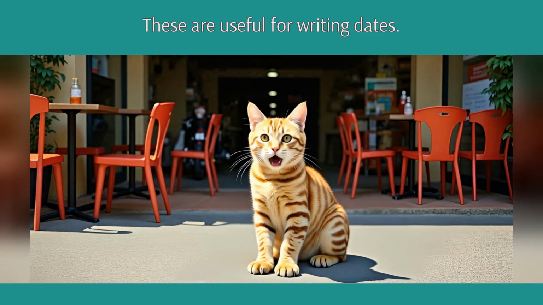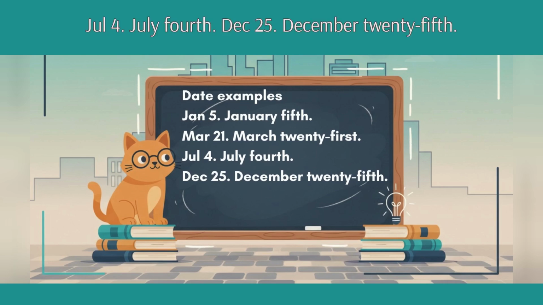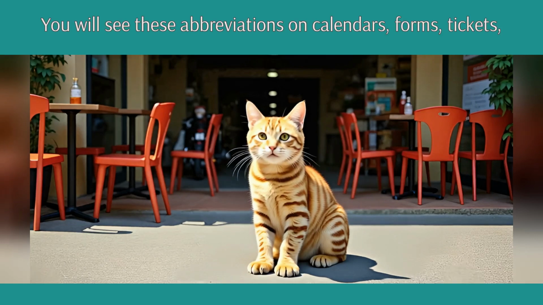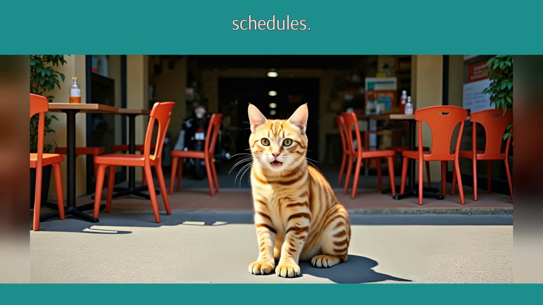These are useful for writing dates. JAN 5, January 5th; MAR 21, March 21st; JUL 4, July 4th; DEC 25, December 25th. You will see these abbreviations on calendars, forms, tickets, schedules.